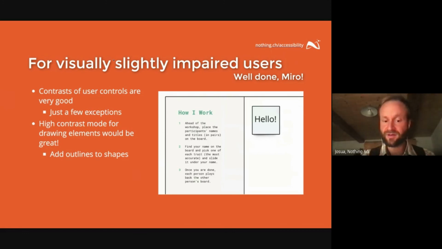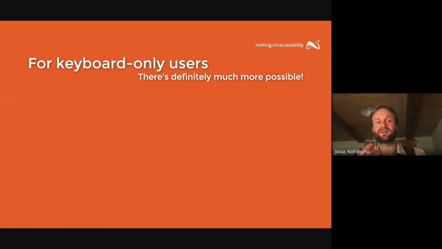Now we come to the biggest point, in my opinion, the keyboard-only users. And there I need to say there's definitely much more possible for them than is actually possible in Miro. They are quite restricted in their usage, and there's actually no need for that.